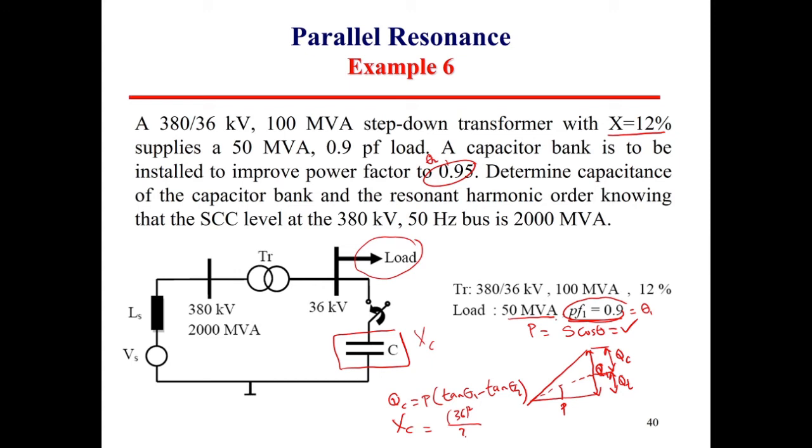So we are given the following. We are given the size of the transformer, we are given the voltage, and over here we can also calculate XS, because we are given the short circuit level and the voltage level is given. So we can do the calculation just like what we did previously.